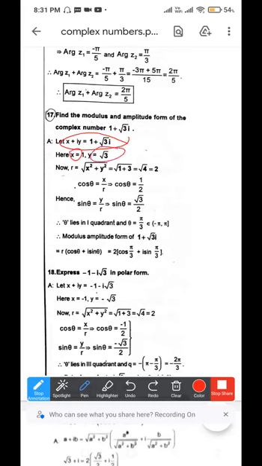Then what is r? r is nothing but root of x square plus y square. That is r is equal to 2, where the value of x is 1, the value of r is 2, and the value of y is root 3.